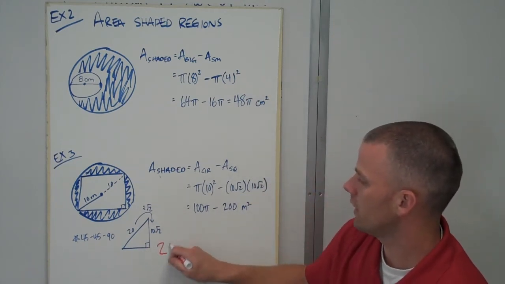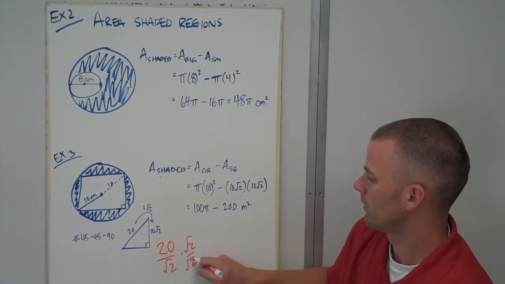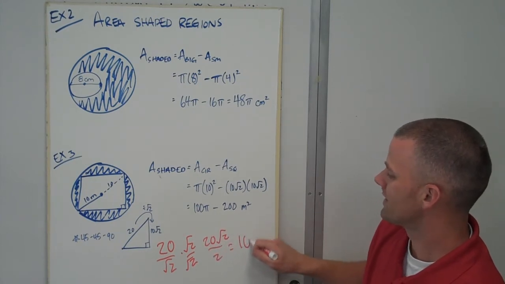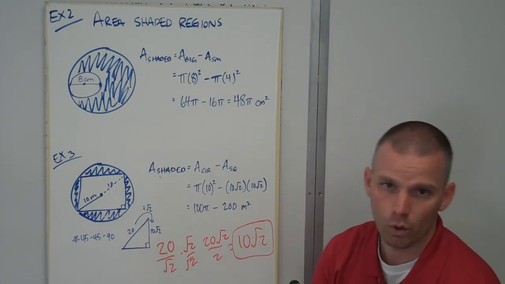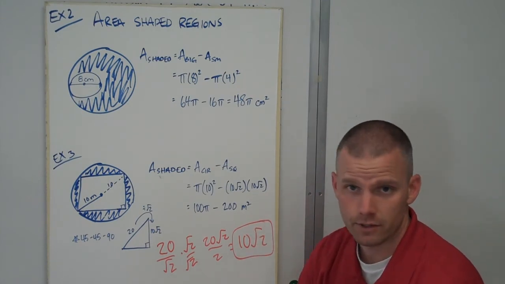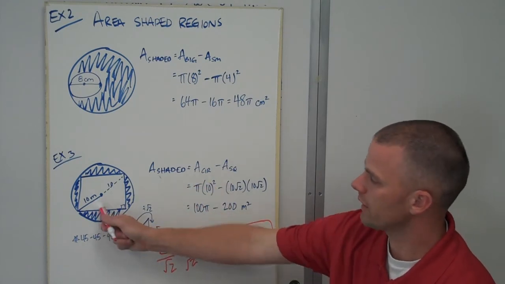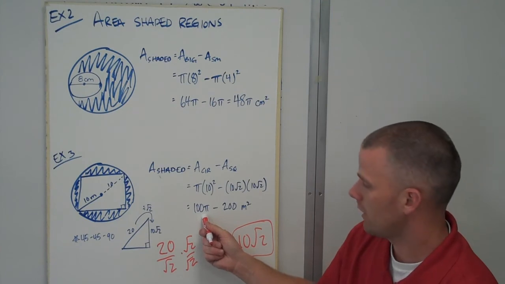So if I take 20 and divide that by the square root of 2, that's 20 radical 2 over 2, which is 10 radical 2. And so this is the length of one side of my square, which means it's the length of all 4 sides. So the area of the circle, radius squared, 10 squared times pi, gives me 100 pi.